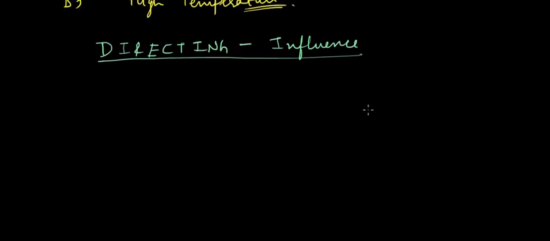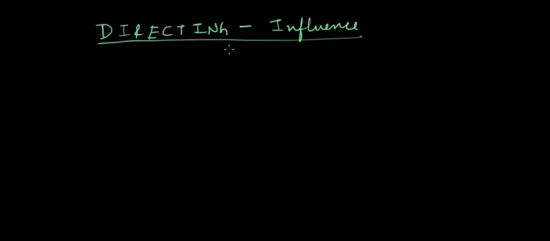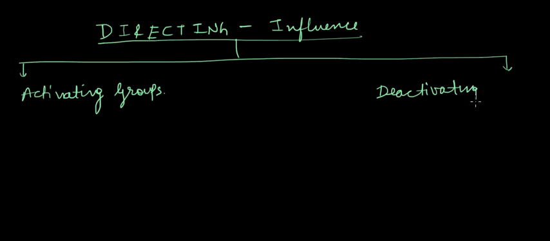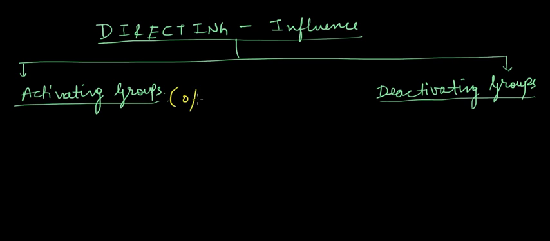so first let us discuss the groups which are activating and which are deactivating. So activating groups and deactivating groups. Okay, so activating groups will direct the electrophile towards ortho and para positions, and deactivating groups will direct the coming electrophile towards the meta position.